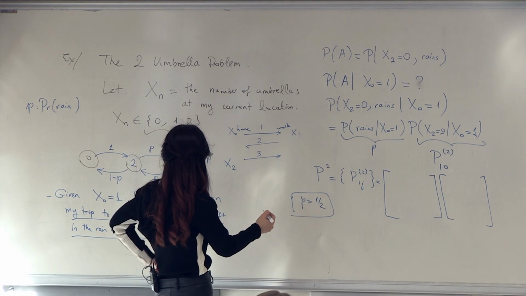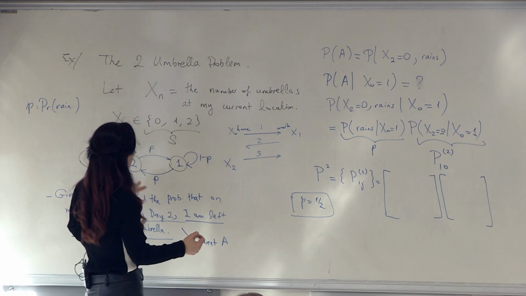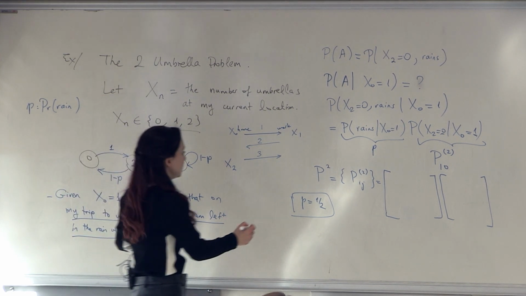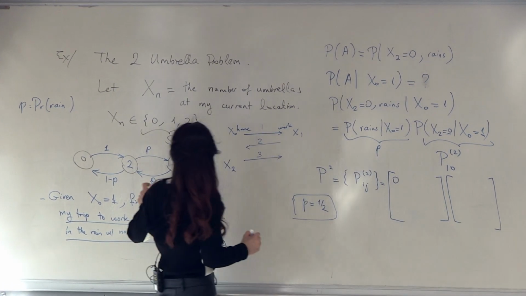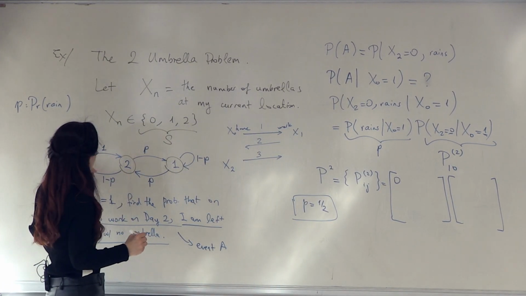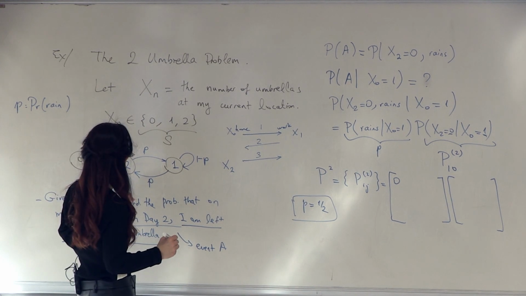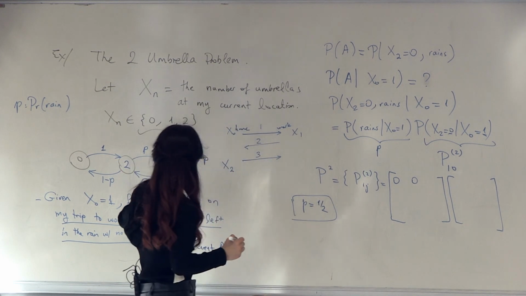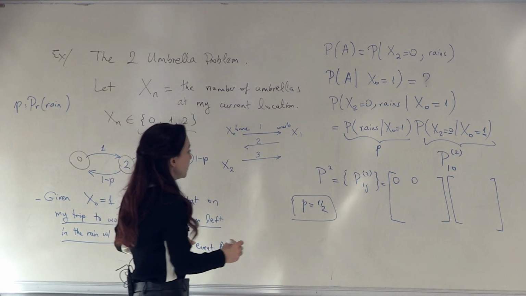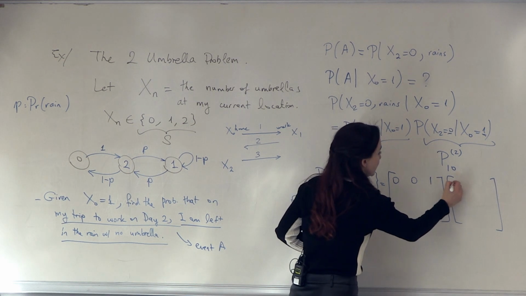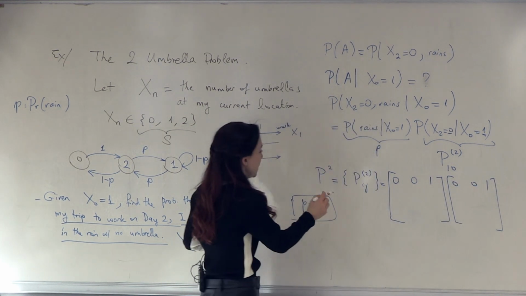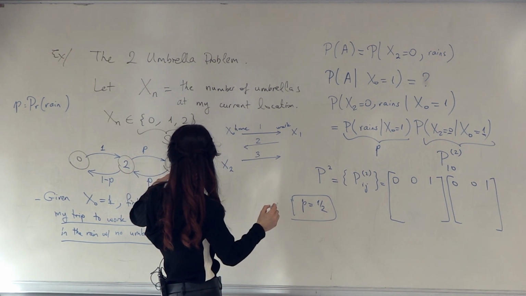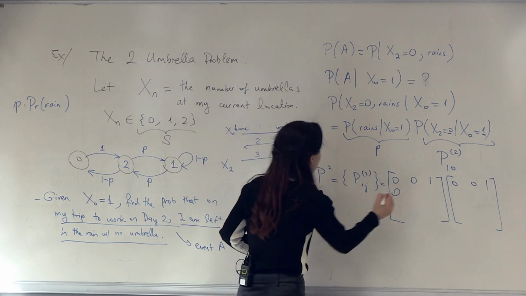So what are my entries in this matrix? From 0 back to 0, there's no transition. From 0 to 1, again, there's no transition. From 0 to 2, the probability is 1. From 1 to 0, there's no transition.